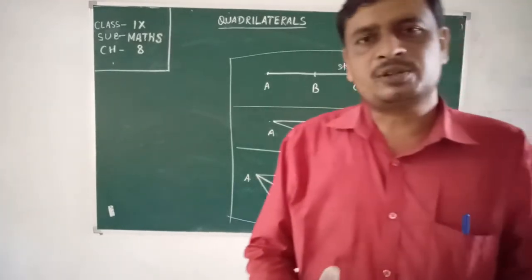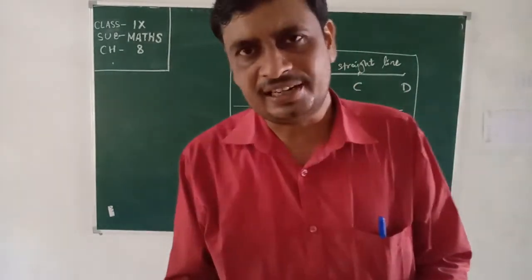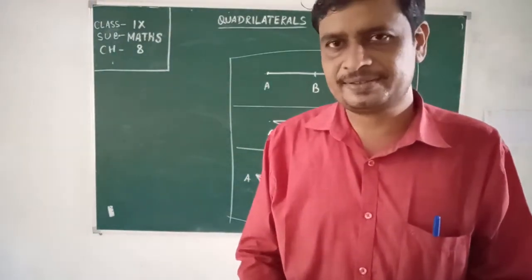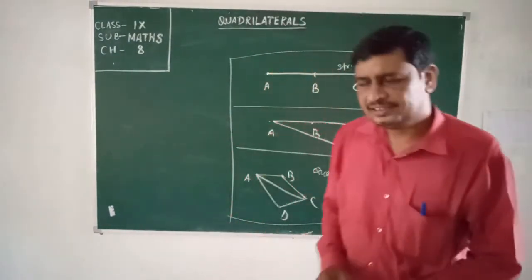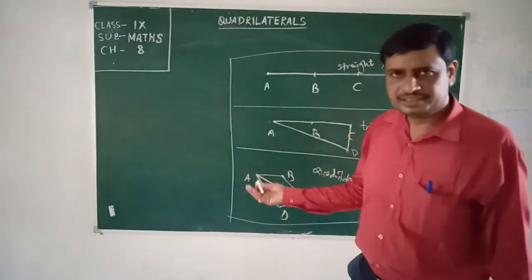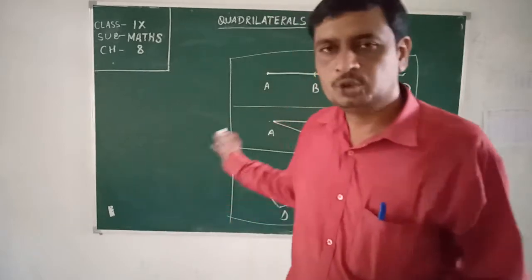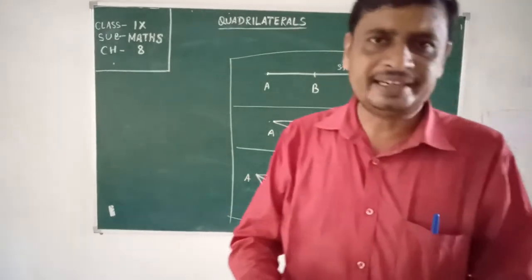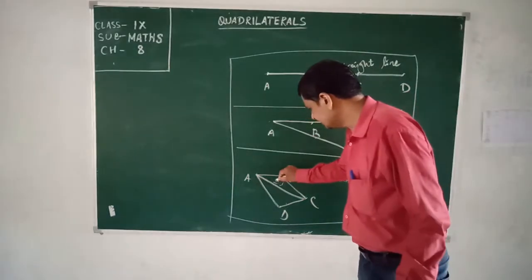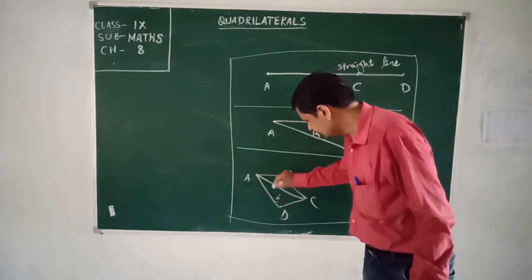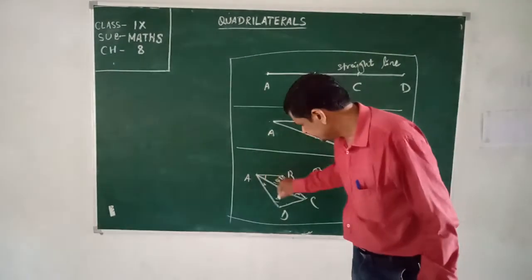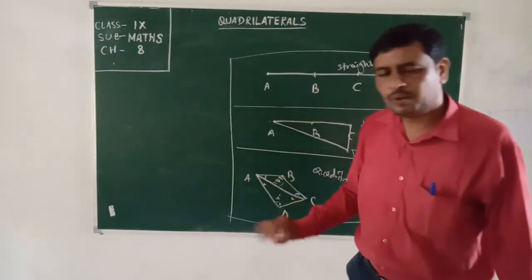If a diagonal is drawn in a quadrilateral, then the quadrilateral divides into two triangles, and the angle sum property of a triangle that we know is 180 degree. If two triangles are there, this one is 180 degree and this one also 180 degree. These three angles add up to 180. These three angles add up to 180.